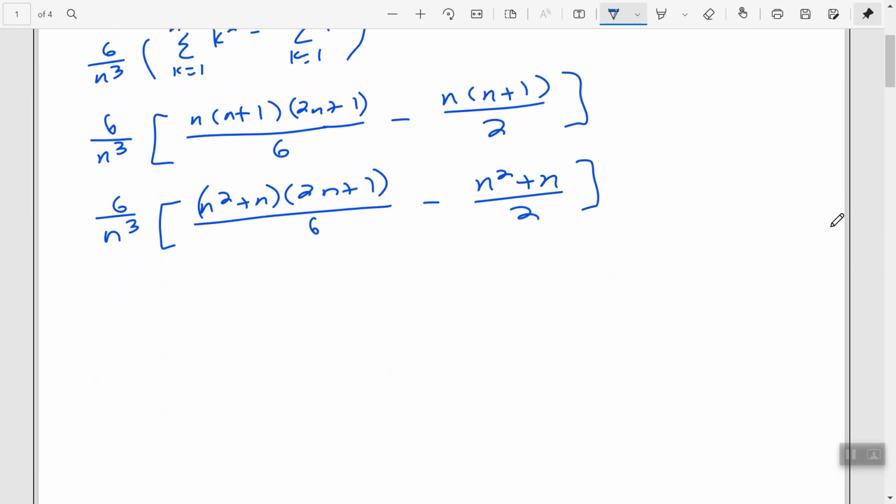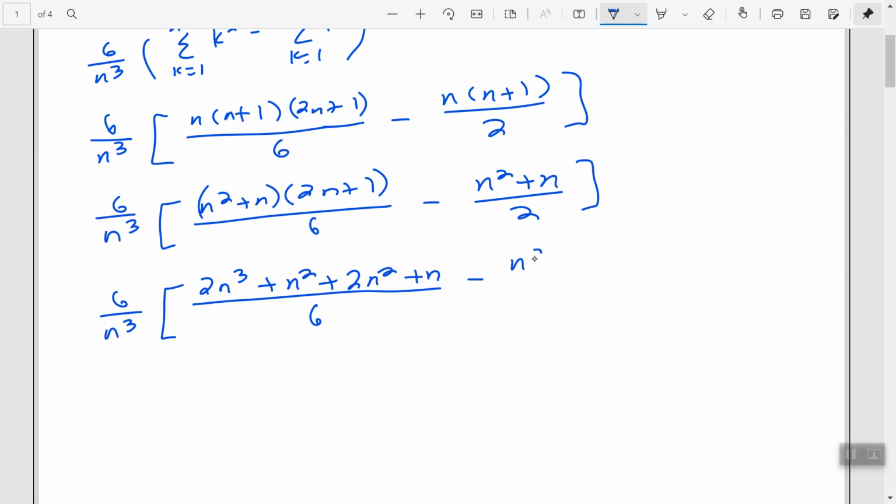Then I need to use FOIL or distributive property to multiply n squared plus n times 2n plus 1. So 2n to the third plus n squared plus 2n squared plus n, minus n squared plus n all over 2.